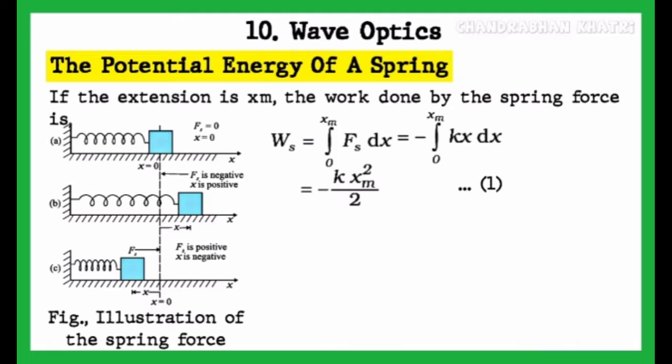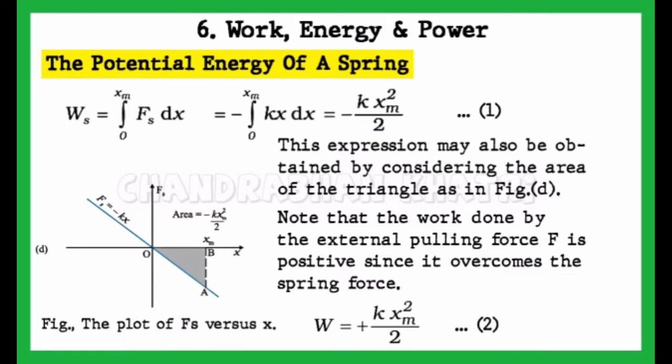Here Fs is equal to minus kx. After integrating this, we will get the value of work, that is Ws equals minus kxm square upon 2. This is equation number 1. Ws equals minus kxm square upon 2. This is equation 1.